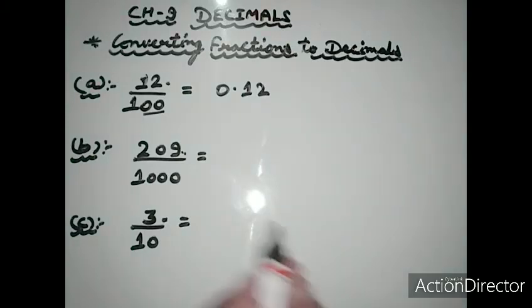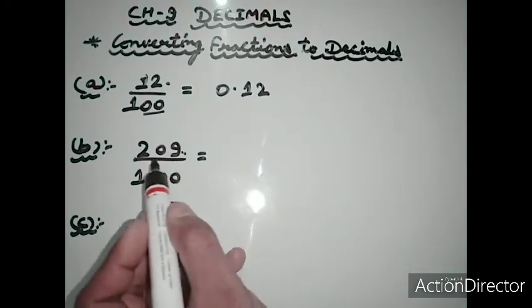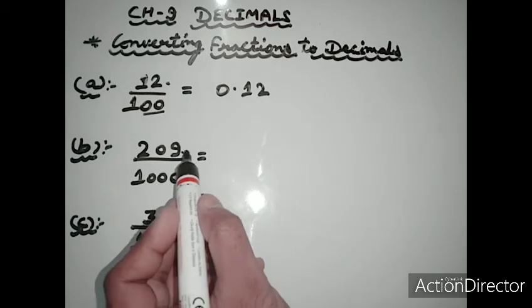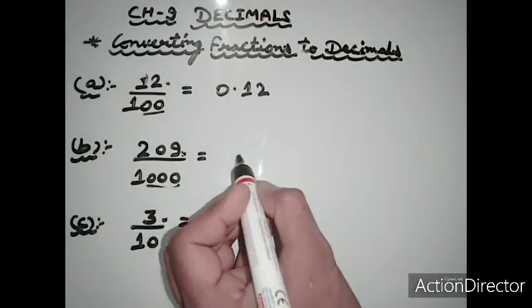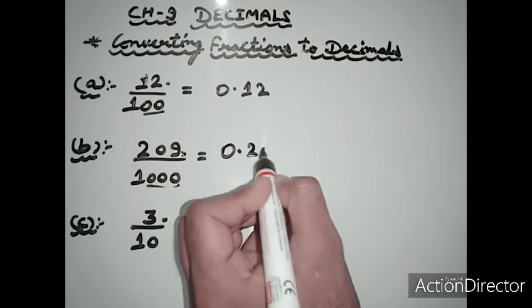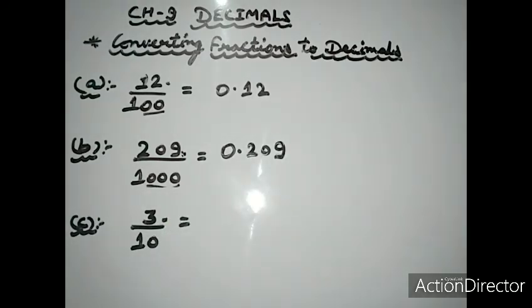Now the next example, 209 upon 1000. The decimal place is here and the total number of zeros is 3, so it jumps 3 places, so we write 0.209. Now the next, the decimal point is here and the total number of zeros is 1, so we write 0.3.